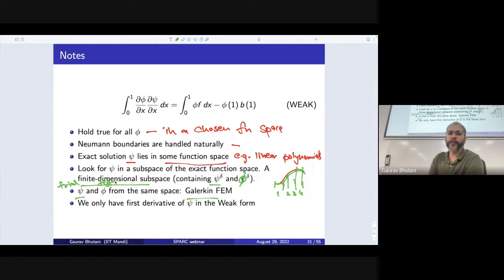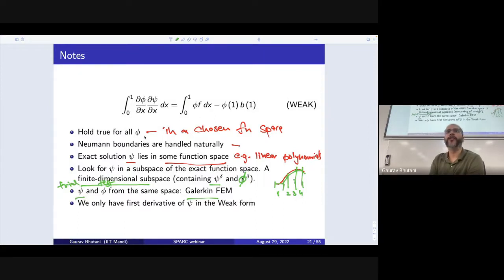Now coming to the most important idea. Now you see that I've been talking about linear polynomials. I want to use linear polynomials to represent my equation. Now if I was using the strong form and I use linear polynomials, I get nothing. You take second derivative of a linear polynomial, you get 0.